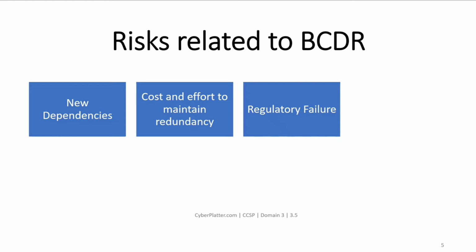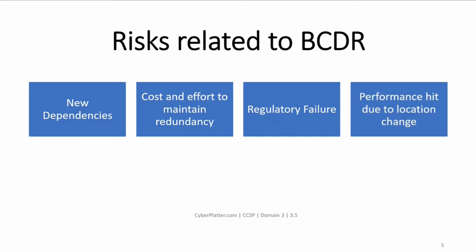Regulatory failures could include insufficient protection for PII data to comply with regulatory requirements such as GDPR, GLBA, HIPAA, FERPA, or SOX, and they might also take the form of contractual inadequacies such as copyright licensing violations. The business impact analysis needs to include discussion of possible impacts from this situation.